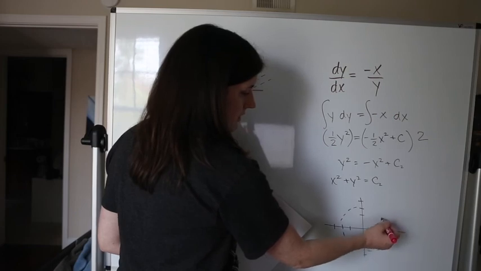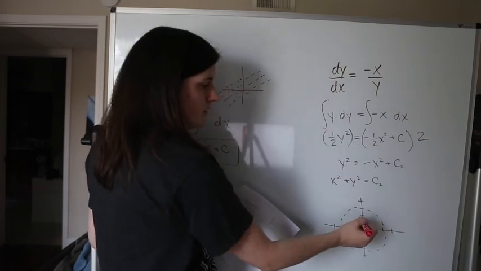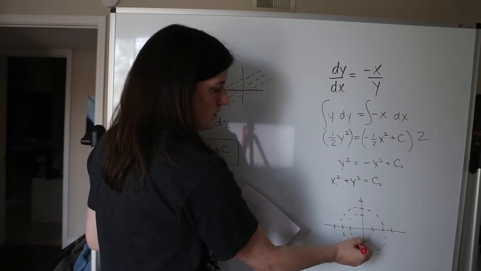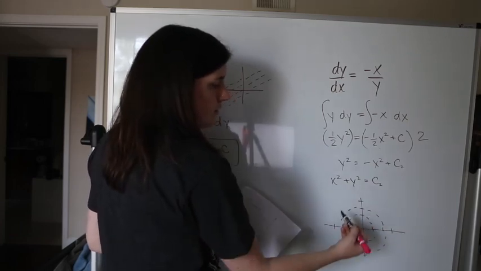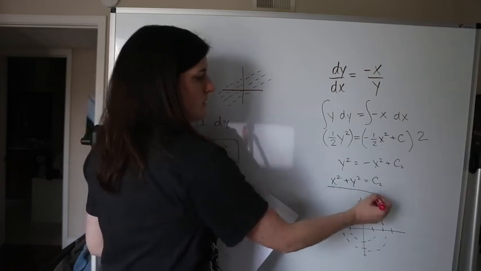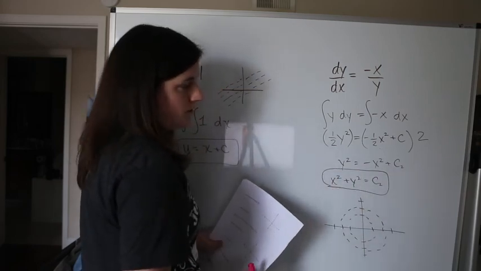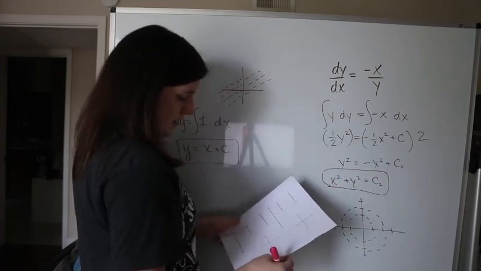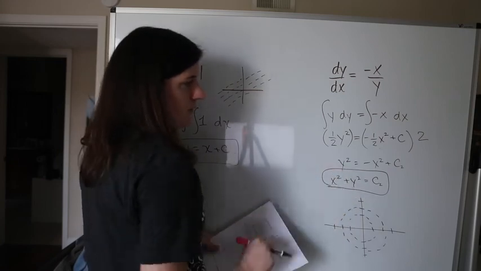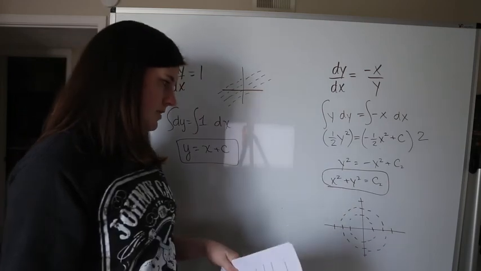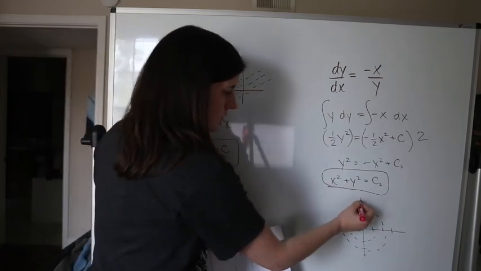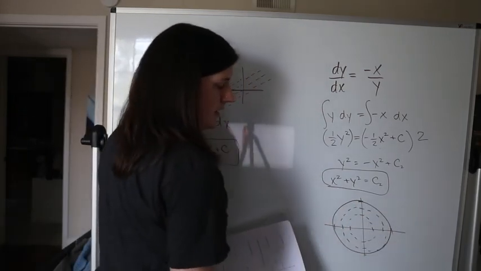Mine is not perfect, obviously, but if you plug in the values you have, you should be getting these concentric circles that match the slopes, drawing some kind of circle through these, because your general solution is the equation of a circle. And then again, you plug in your specific point and you get a particular solution. I believe that you get x squared plus y squared equals 9, which would be this circle right here with a radius of 3.